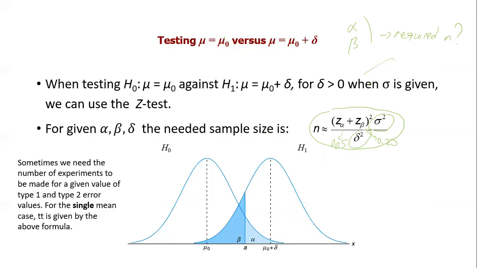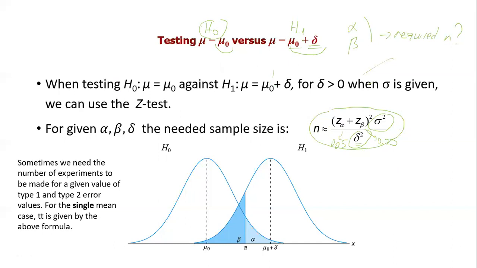And what is delta? Well, so mu is equal to mu zero, that's H0. Mu is equal to mu zero, which is the value at the null hypothesis, plus some delta. Okay, so that's H1. Right? So mu zero plus delta is the value of the mu at the alternative hypothesis, and mu zero is the value at the null hypothesis. Okay? So this delta is the difference between the values of mu in H0 and H1. Right?